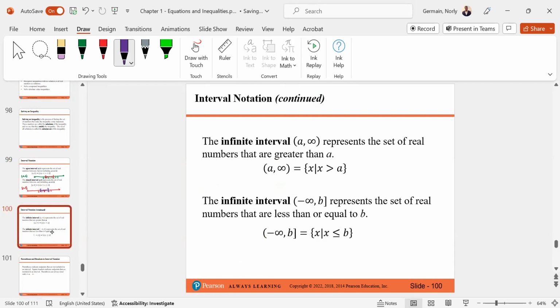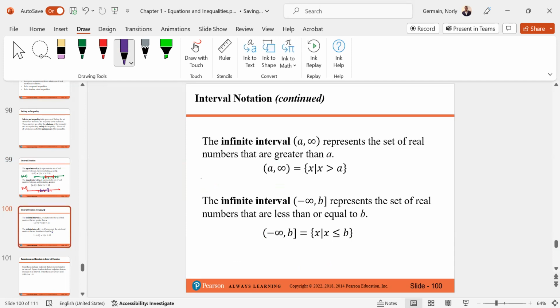So the infinite interval represents the set of real numbers that are greater than a. All right, greater than a, we call it an infinite interval, or it could be negative as well. You can use either open or closed.